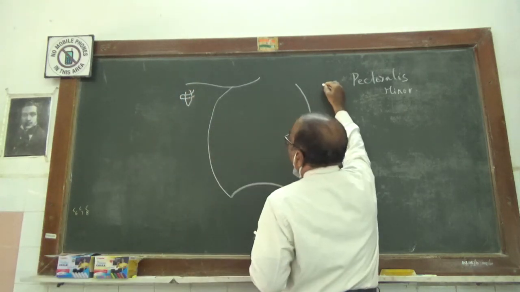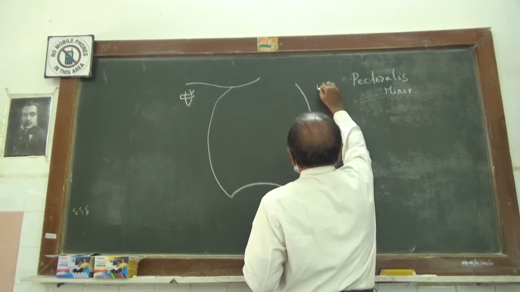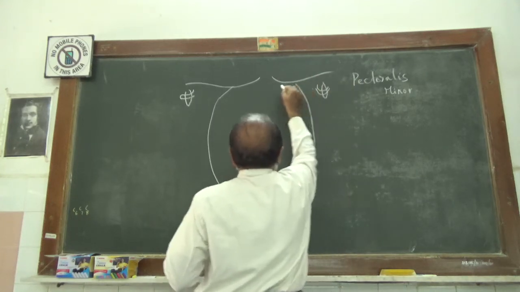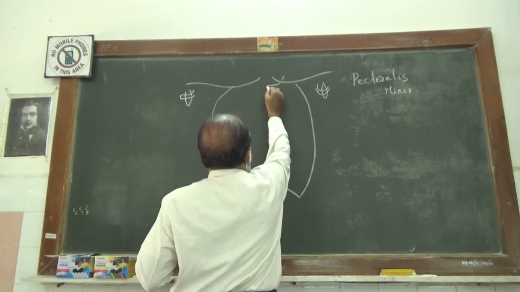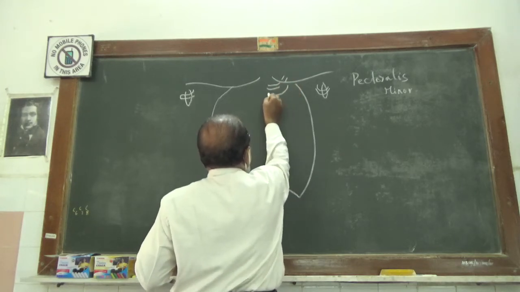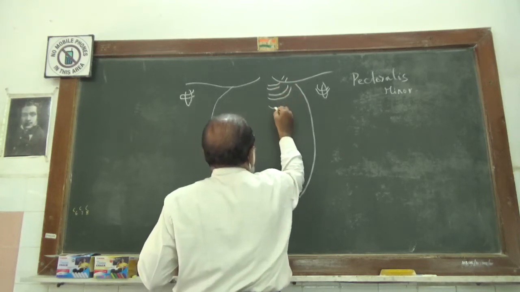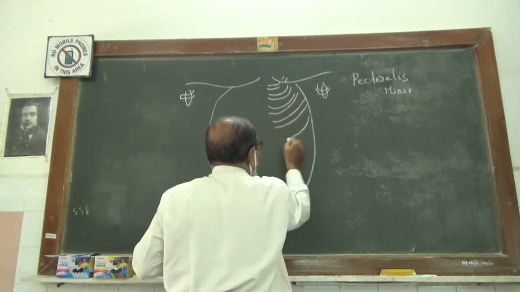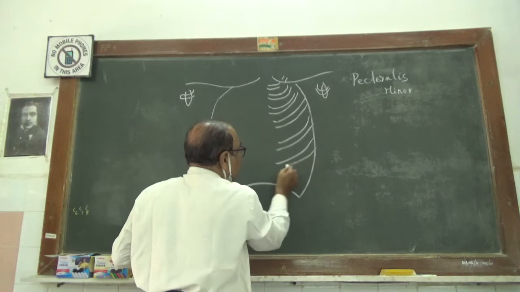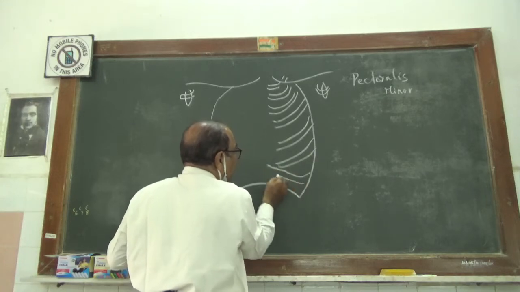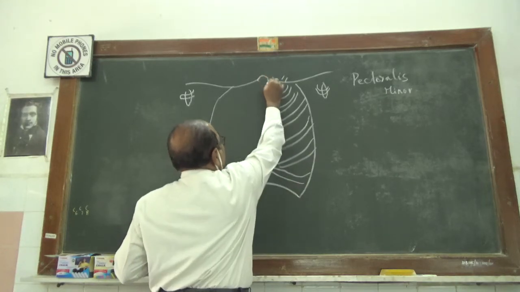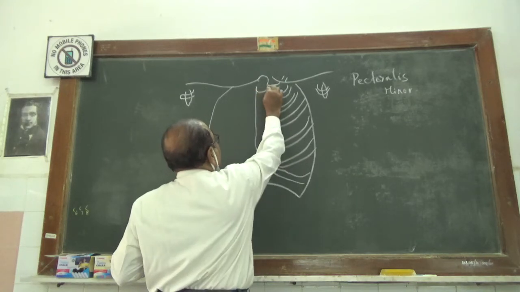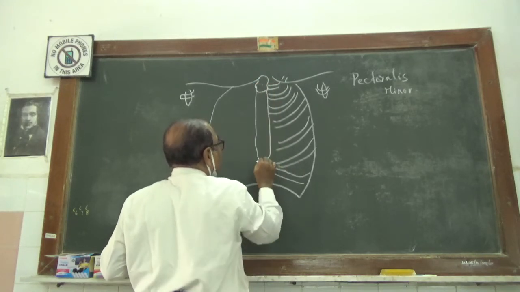This will be the first rib, the second rib, the third rib, the fourth, the fifth, the sixth, the seventh, and this is the manubrium part, and this will be the body part.